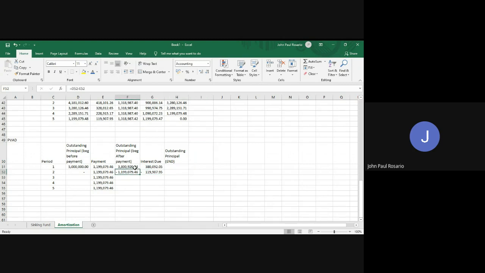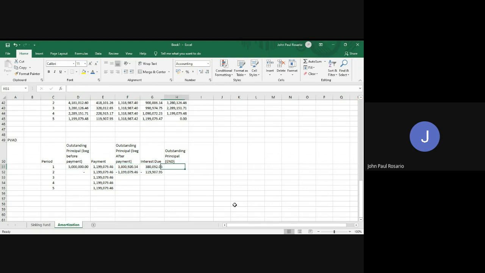Okay. So again, let's recap. Our liability is 5,500. Then we paid at the very start this amount, 119,907.46. So our outstanding principal beginning after payment is this amount, from which our interest is based.